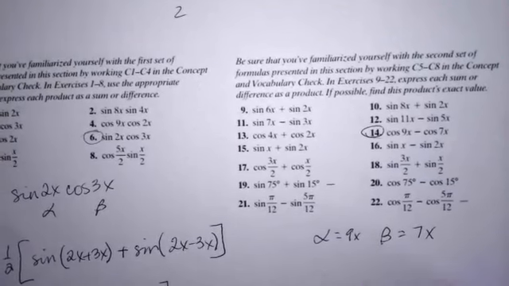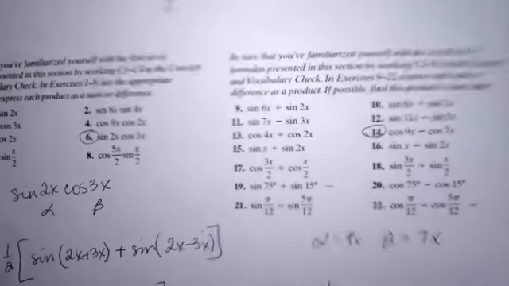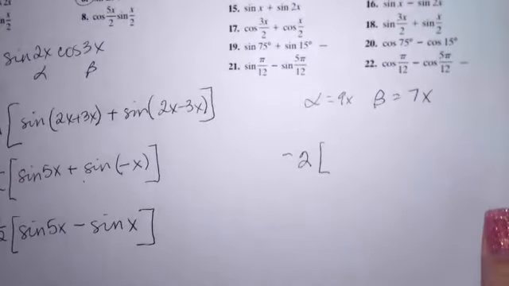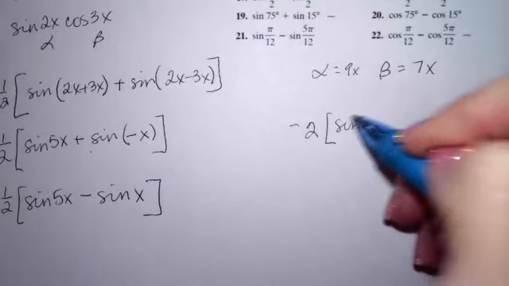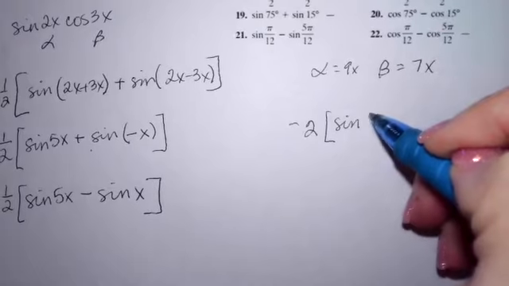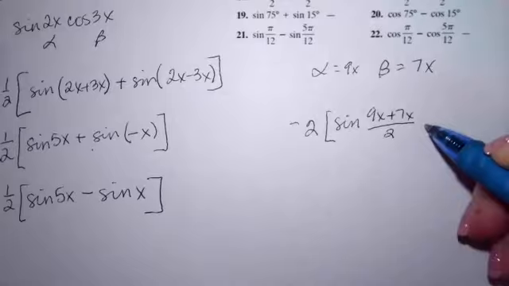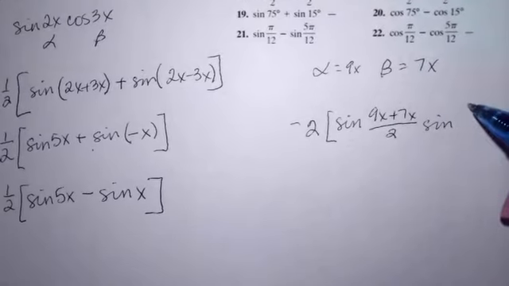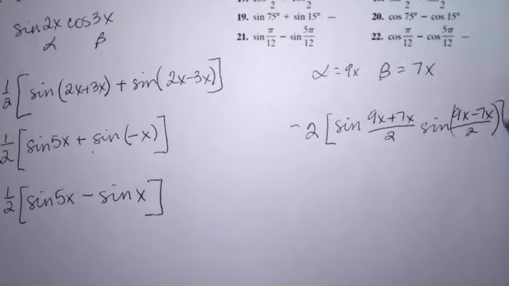So that is going to give me -2. Let me write that down here. So that is going to give me -2 sine, and then it's alpha plus beta all over 2, and then it's going to be sine alpha minus beta all over 2.